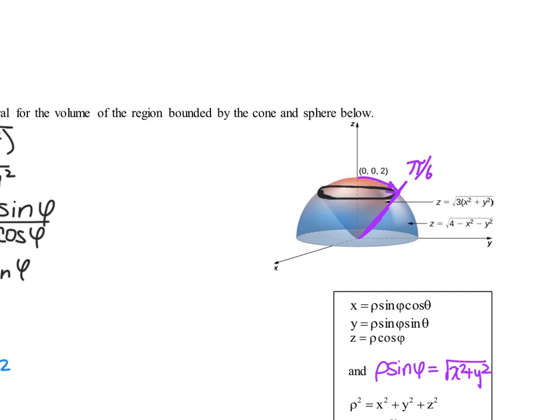So to get that intersection, it's just a matter of setting our two equations equal and solving. Square both sides, get rid of those radicals, and I'll distribute while I'm at it.